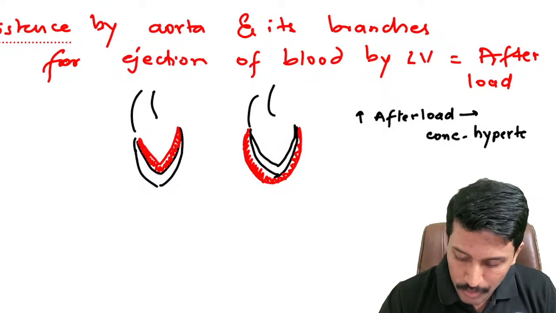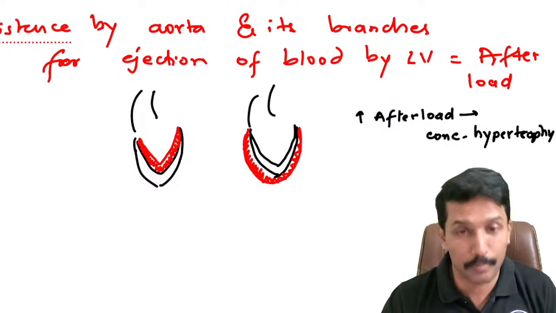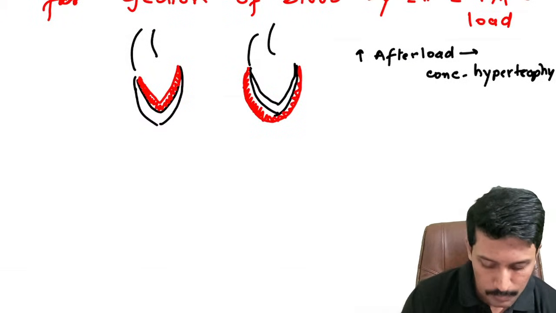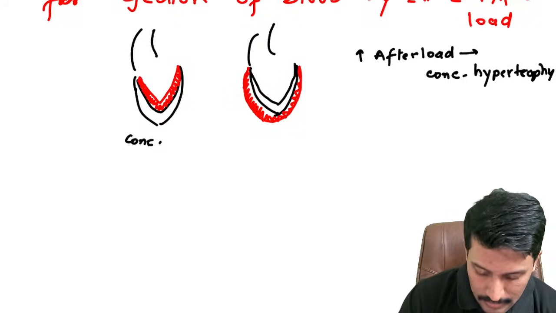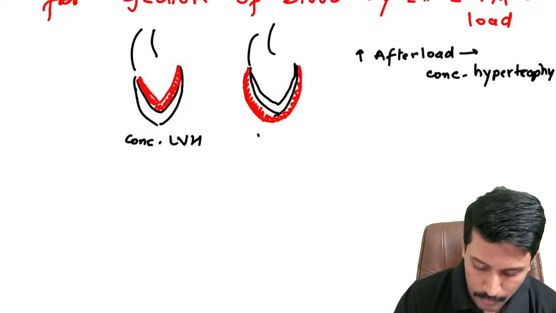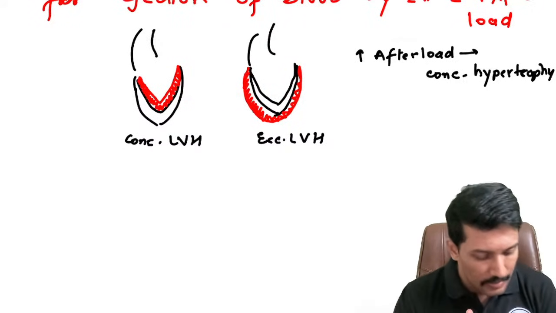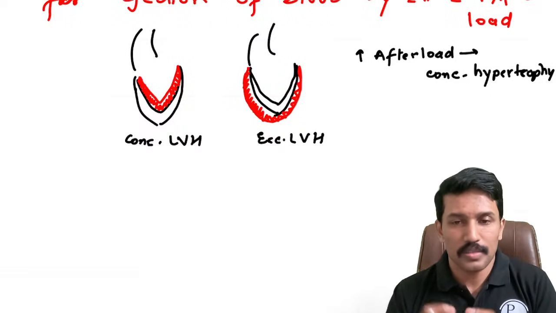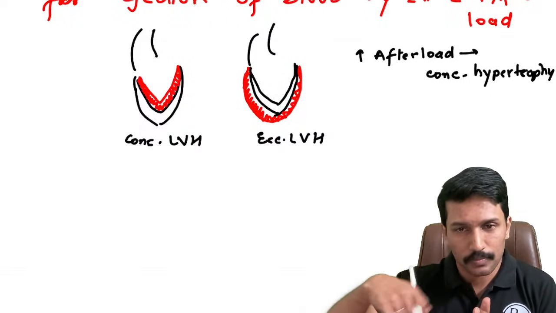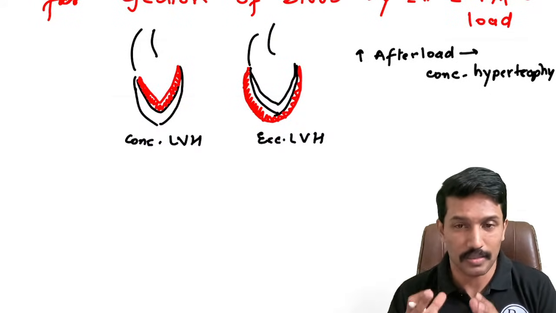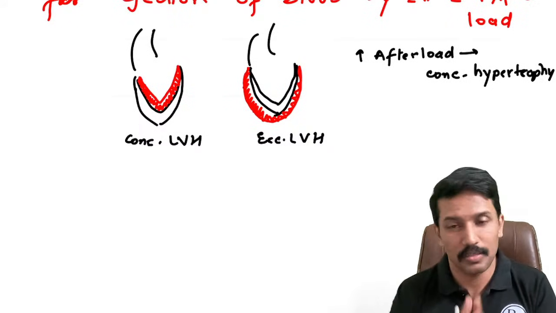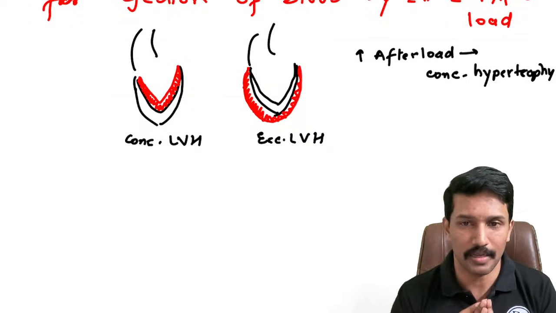So now tell me, in aortic stenosis, what kind of left ventricular hypertrophy are we expecting? Is this concentric left ventricular hypertrophy, or is this eccentric left ventricular hypertrophy? Yes. In aortic stenosis, because we have an afterload increase, the resistance by the narrow aortic opening increased, we develop concentric LVH.